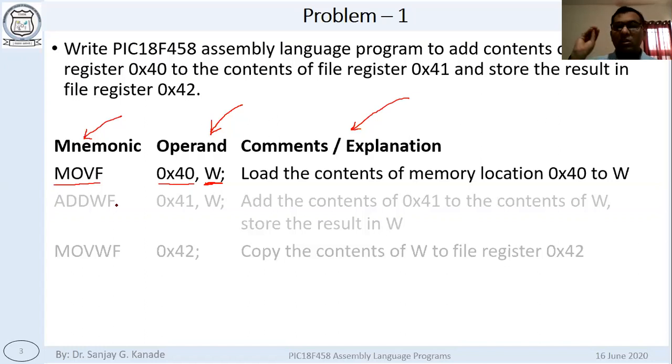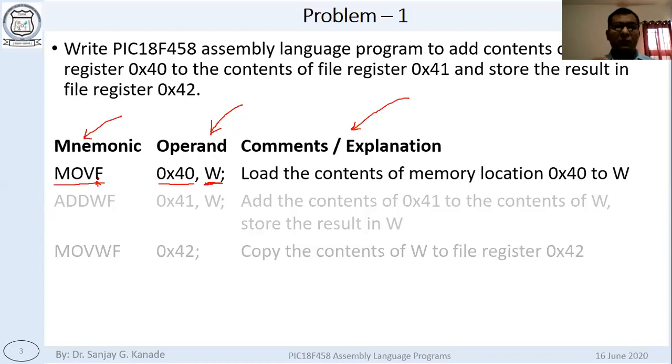See, you can also understand this from the instruction itself if you have studied the instruction properly. MOVF, what is it going to do? This instruction is going to move or copy contents of F. Okay. Now, since there is F, there has to be A, right?